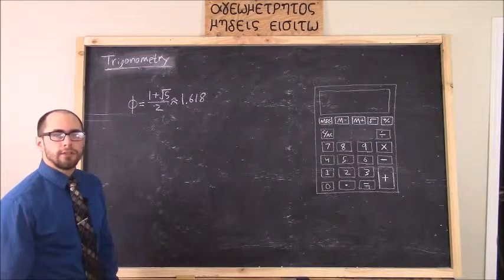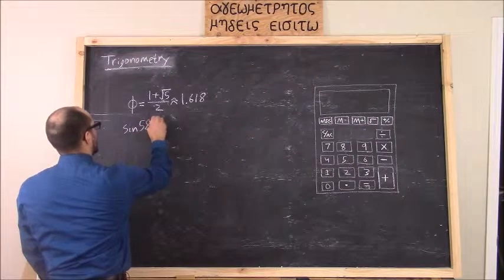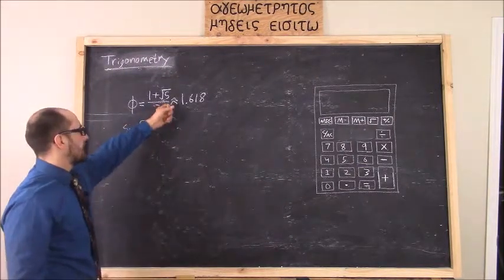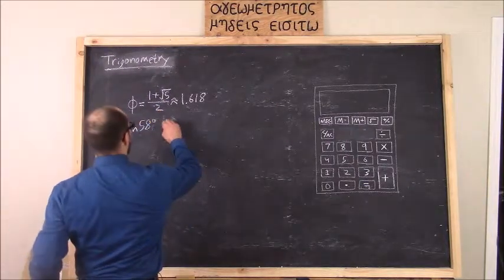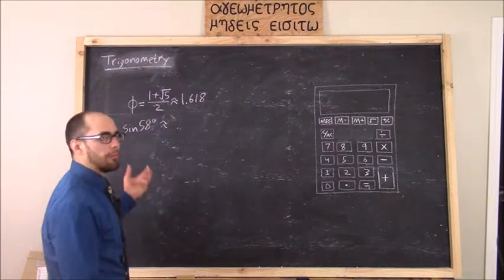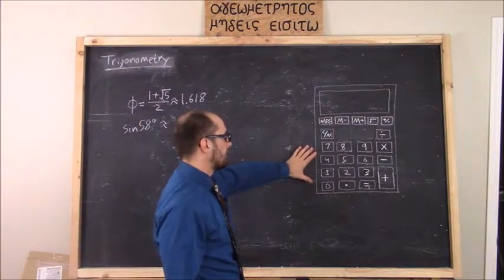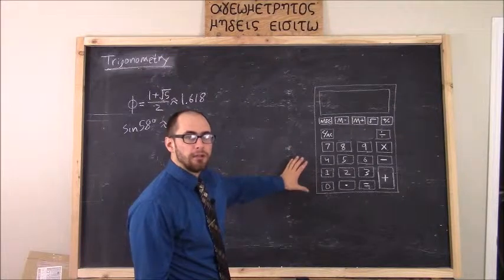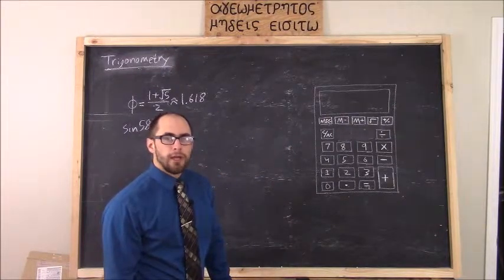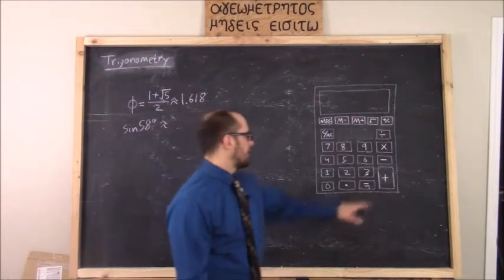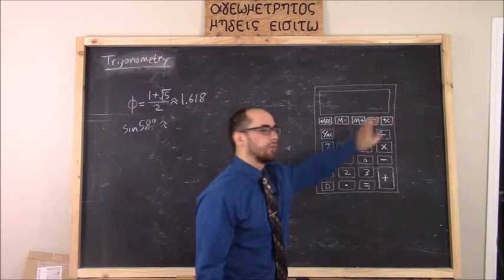We did another example, sine of 58 degrees. This does not have an exact representation like this. We can only use decimal form to represent that. And here on my basic calculator, well, I could do a Taylor series which uses only algebraic operations, that is addition, subtraction, multiplication, division, and square roots.